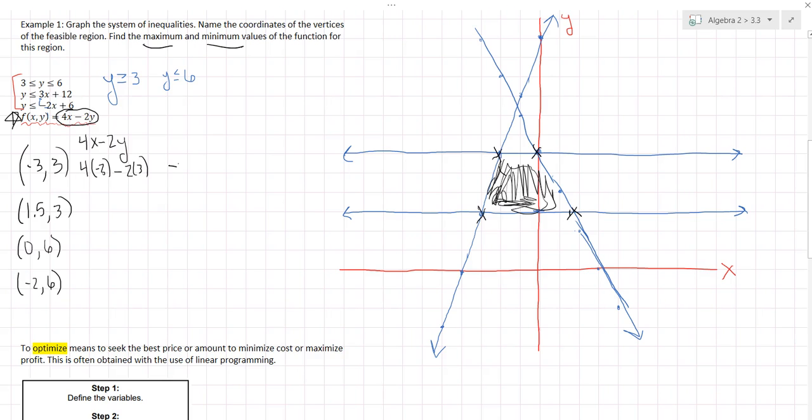So that would be negative 18. And so we go ahead and we do that for all of these points. And you have to find the maximum and minimum. So I get negative 12 for that one and negative 20 for this one. So the maximum, the biggest number is 0.